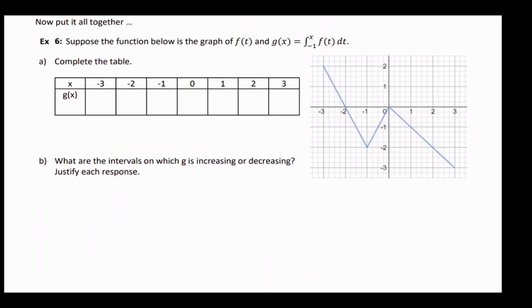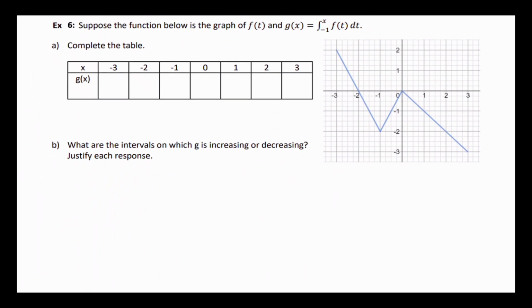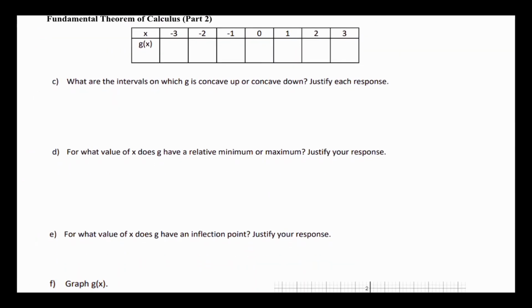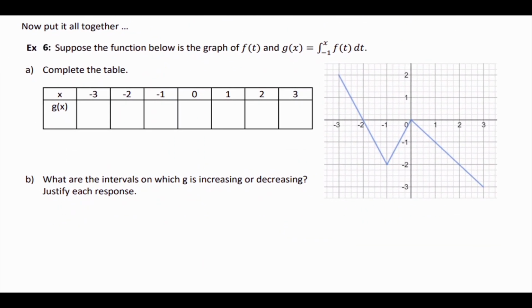All right. So before we get to the increasing, decreasing, concave up, concave down, maximum, minimum questions that I told you about, let's fill out the table first. We have a new graph. The graph is f of t.